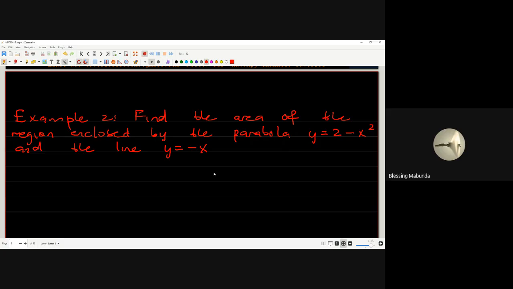So what we're missing right now is which function is at the top and which bounds the region underneath, and also the lower and upper bounds of the integral. When it comes to the area, we don't know what A is, we don't know what B is, we don't know which function occupies the F position and which occupies the G position, dx.